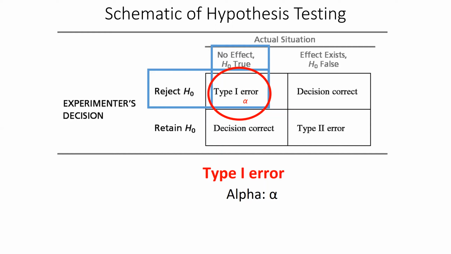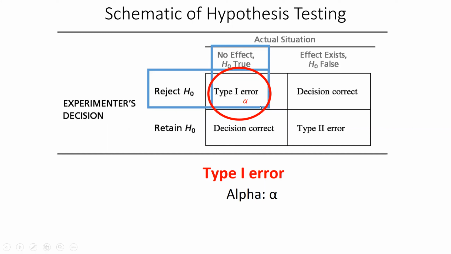Mu1 equals mu2, but the experimenter rejects the null hypothesis, concluding that there is an effect. That's called type 1 error.